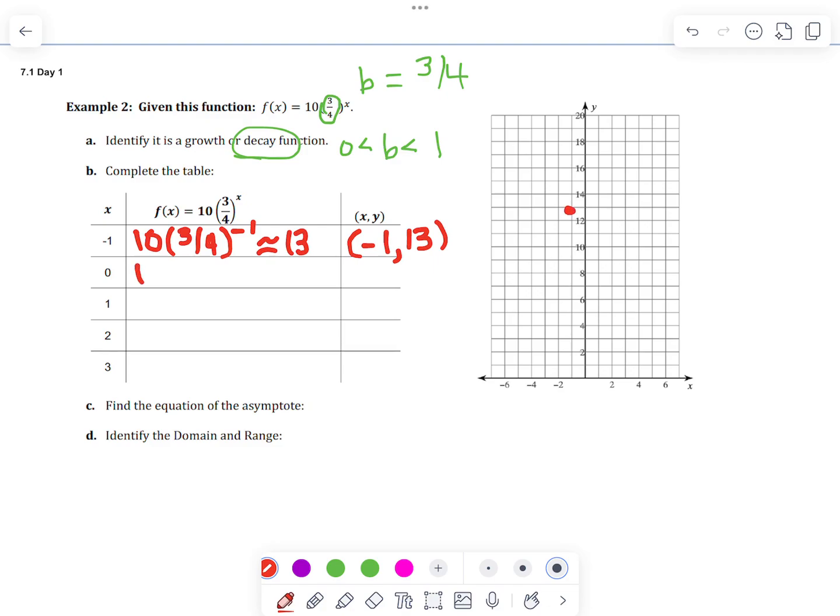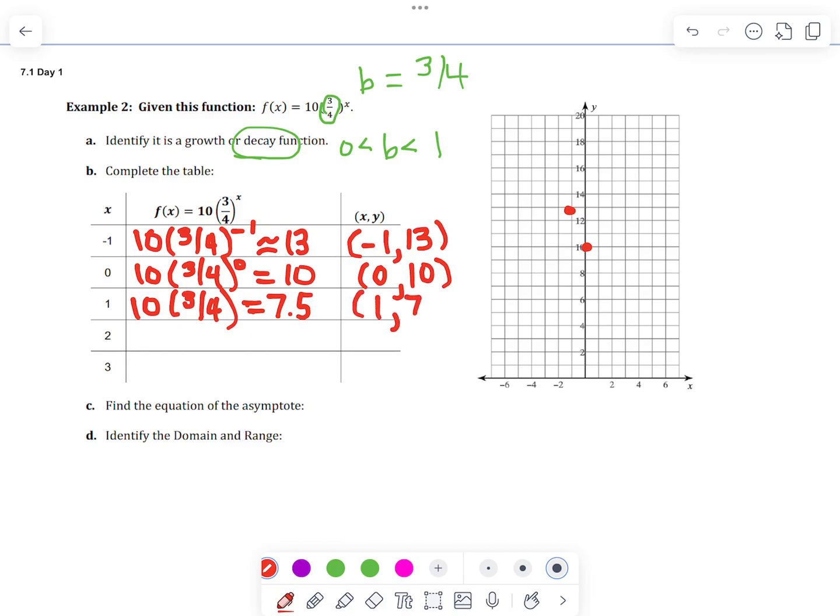Then we would input 0 into the exponent. And when we're done, we get 10. So we graph the ordered pair over 0, up 10. Then we input 1 into the exponent. And we get 7.5. So we graph the ordered pair right 1, up 7.5.